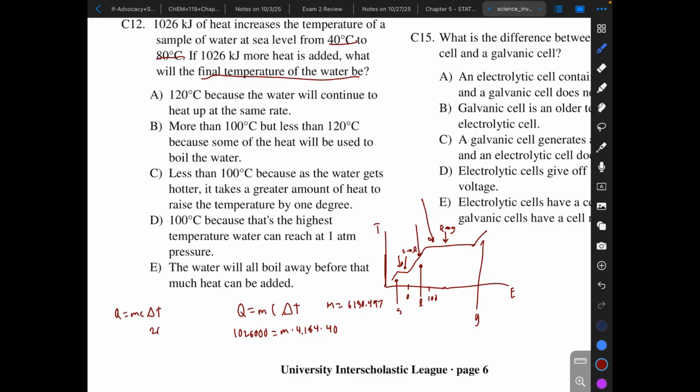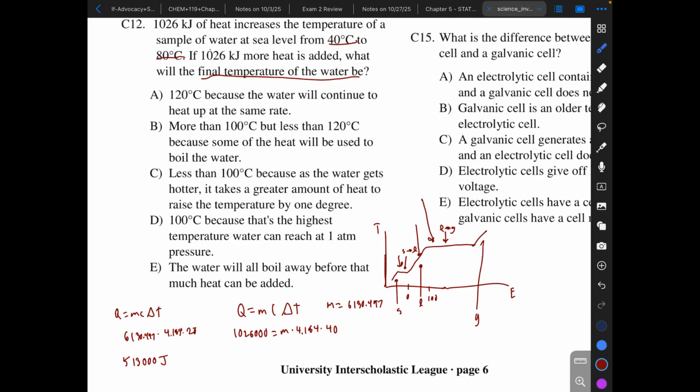Still in the liquid phase, so you have 4.184 and the mass we just calculated, 6,130. That would take 513,000 joules. That's how much it takes to go from 80 to 100.